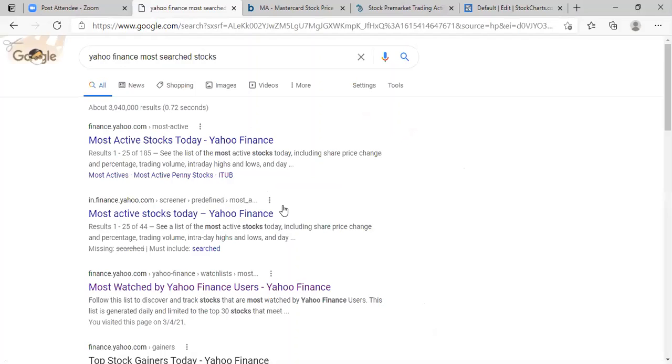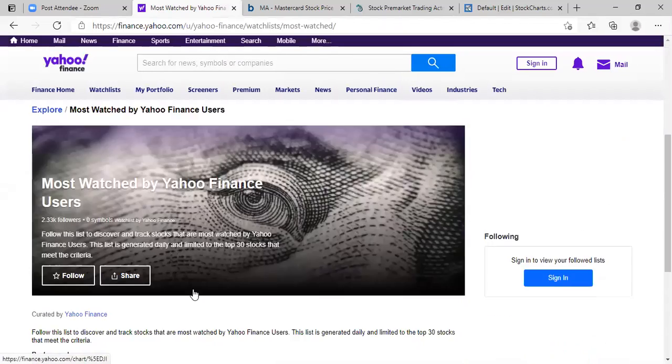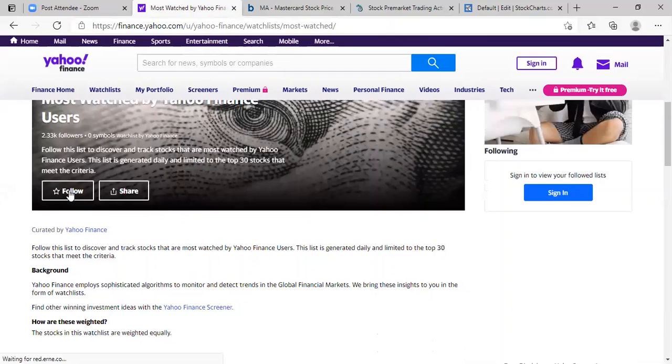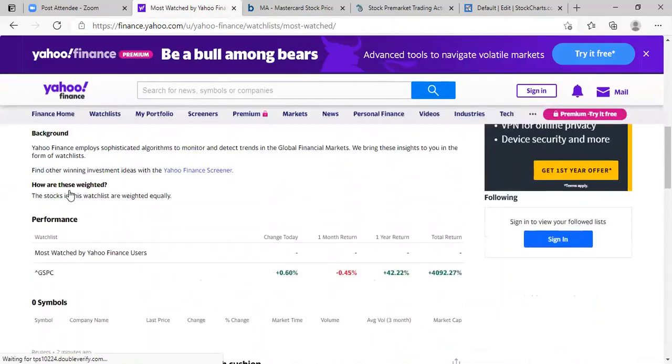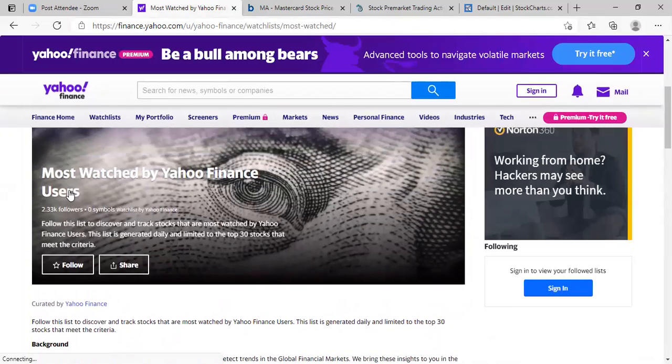Okay. And it gives you, you can subscribe to this, you can follow this, and then each day they'll give you about 30 stocks that have been the most searched for that particular day.